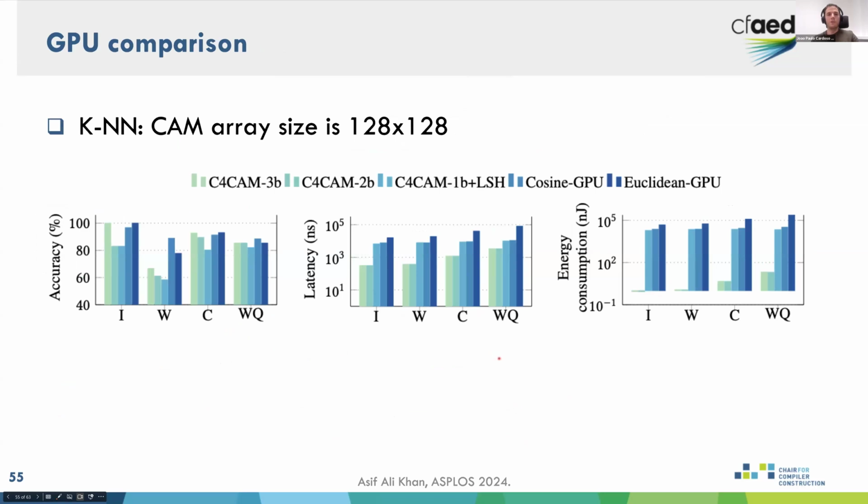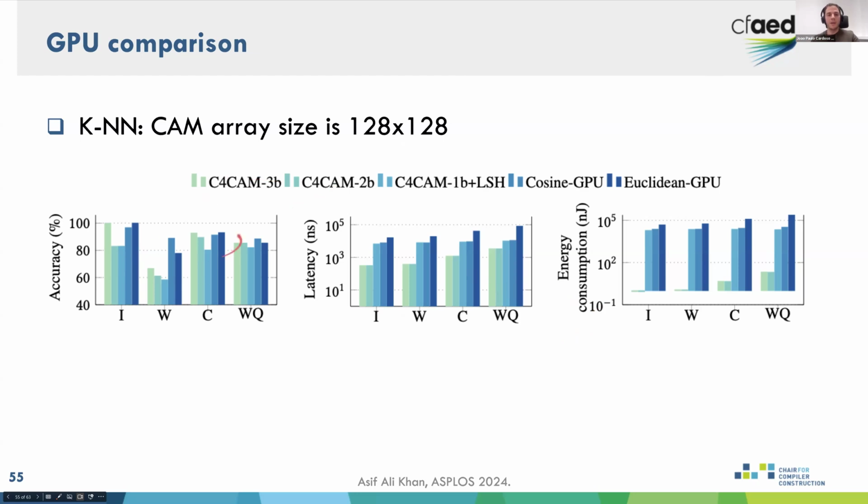And then we have some GPU comparison, which is not exactly new here because prior works have also shown that CAMs can provide extremely high speedups and energy savings compared to GPUs. So it was again in the direction of doing some validation and comparing.